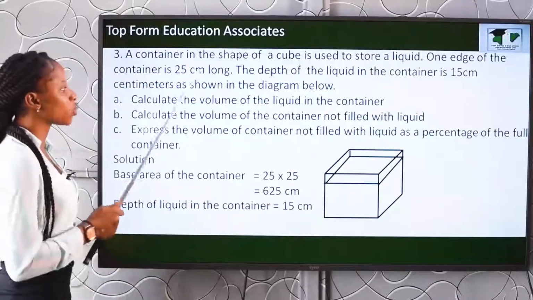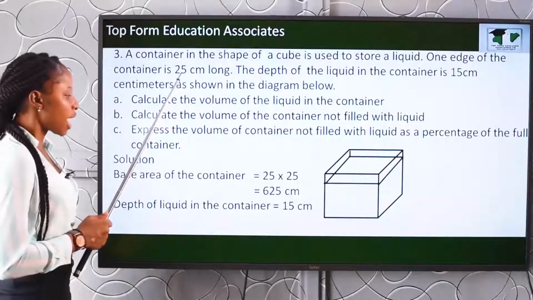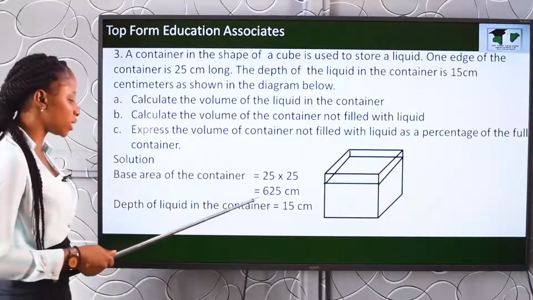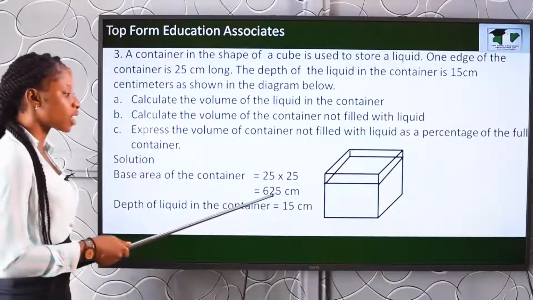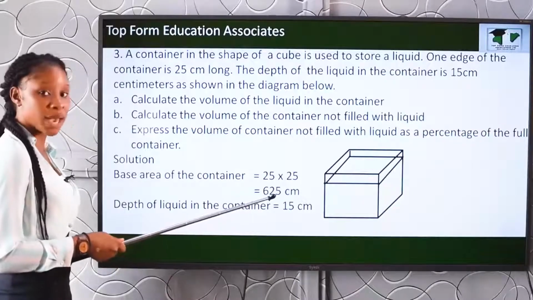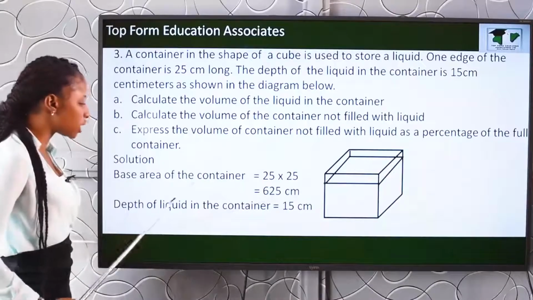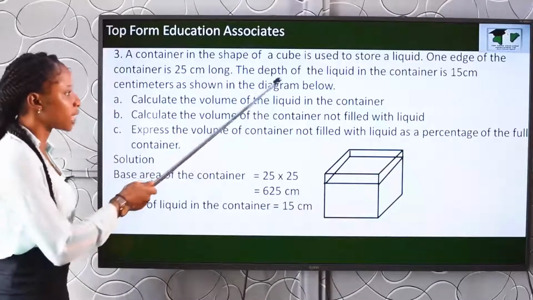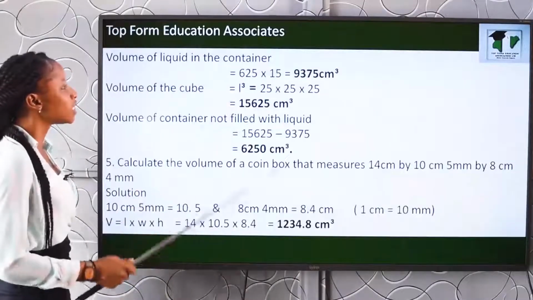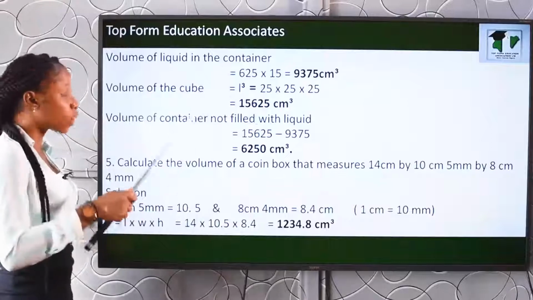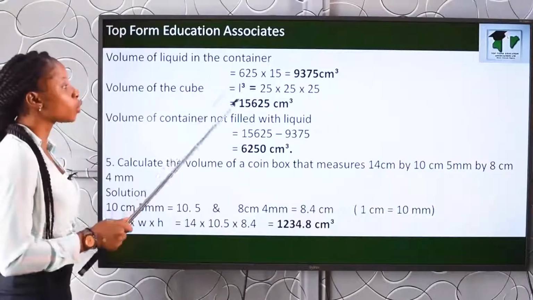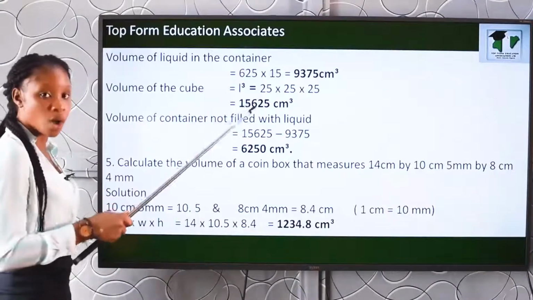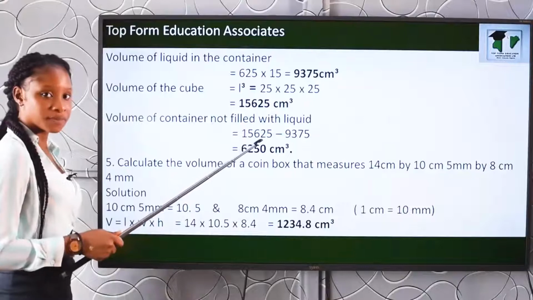So, we have the length as 25 centimeters and the width as also 25 centimeters. And when you multiply that together, you have 625 centimeters as the base area. Now, the depth of the liquid in the container is given to us as 15 centimeters, from the question. To look for the volume of the liquid in the container, we are going to multiply the base area of the container by the depth of the liquid.